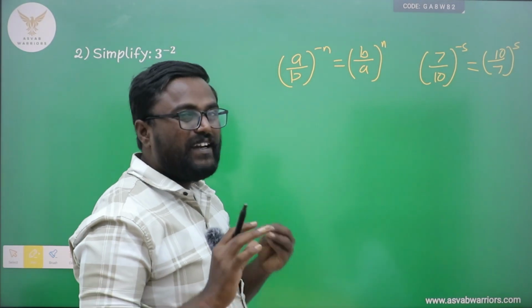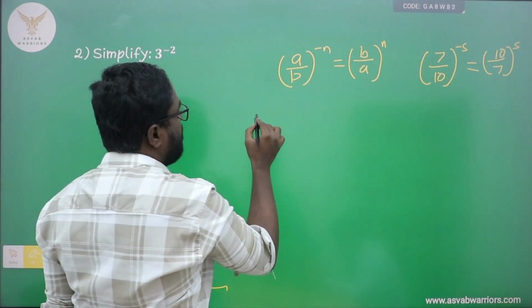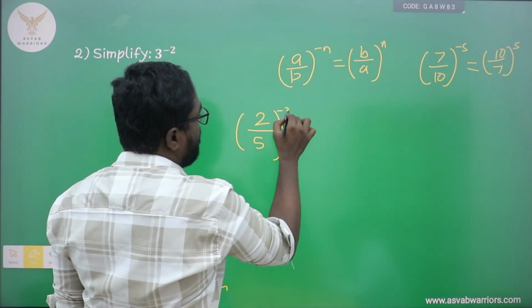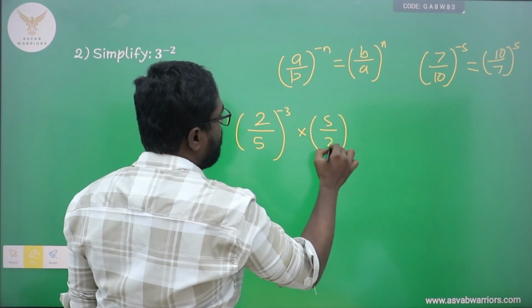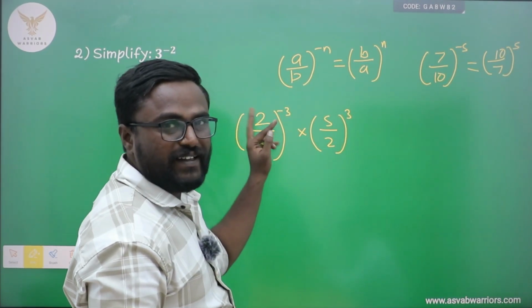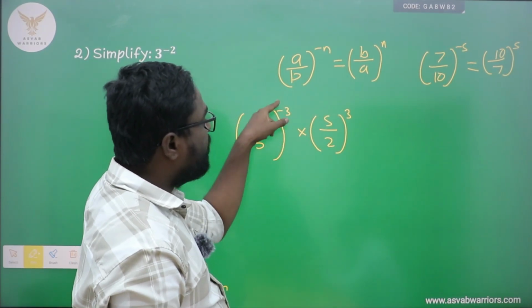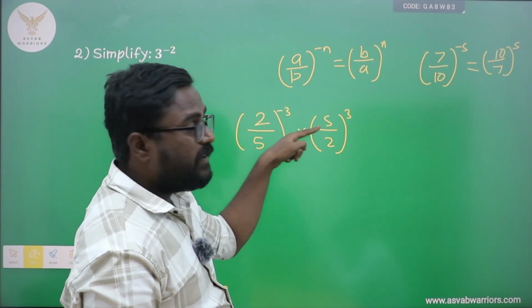Now I am going to solve a little bit more complex question. Let's say the question is 2 over 5 to the power negative 3 times 5 over 2 to the power 3. These are reciprocals of each other, but here this exponent is negative and this is positive.